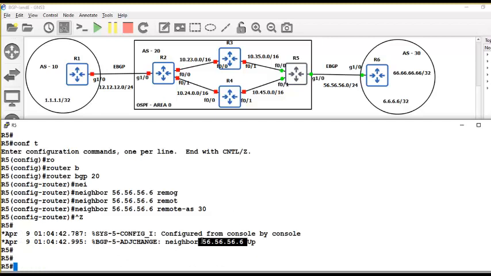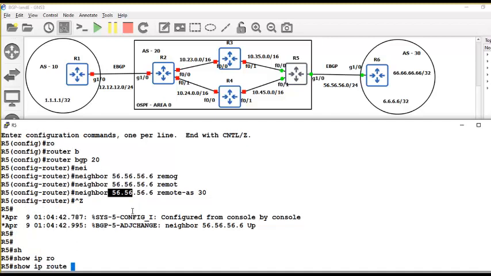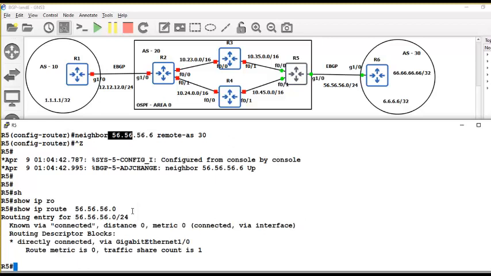The reason, you know why? You are saying the neighbor is in the 56 network. See the routing table. Show IP route. 56.56.56.0. It says directly connected. That word is very important for BGP. Show IP route.